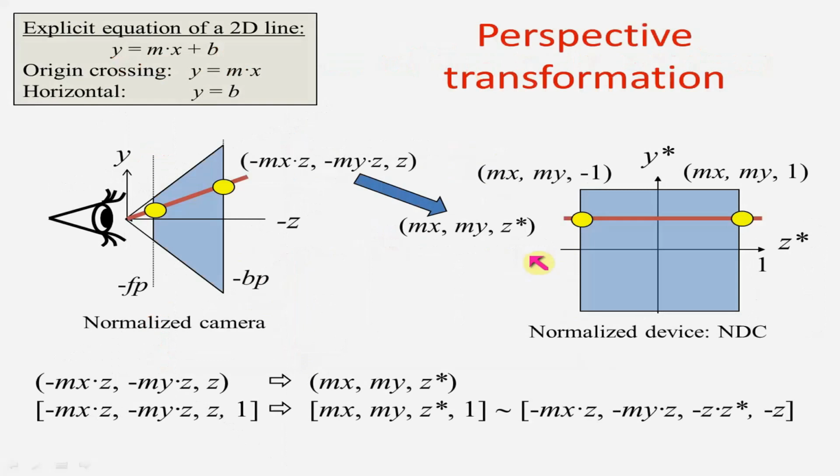Perspective transformation makes the rays meeting in the origin be parallel with axis z, that is, meeting at infinity. Additionally, we expect the viewing frustum to be mapped to an axis-aligned cube of corner points -1, -1, -1, and +1, +1, +1. There are infinitely many solutions for this transformation problem.